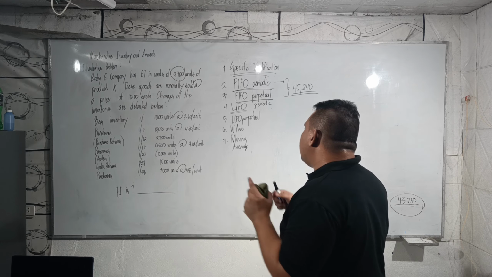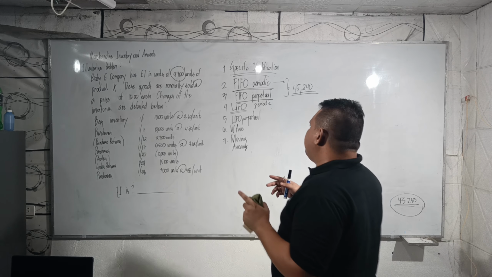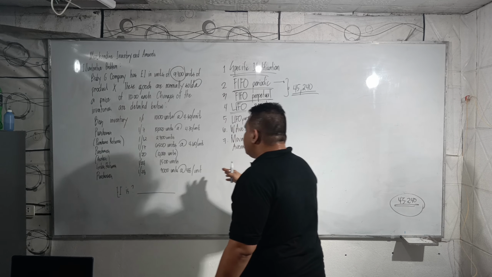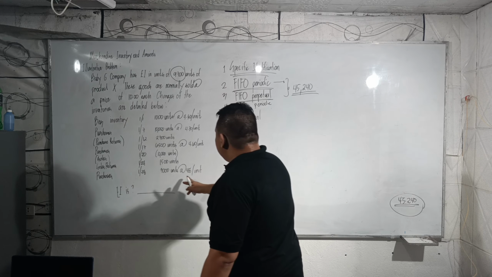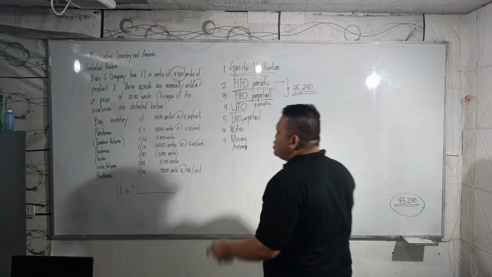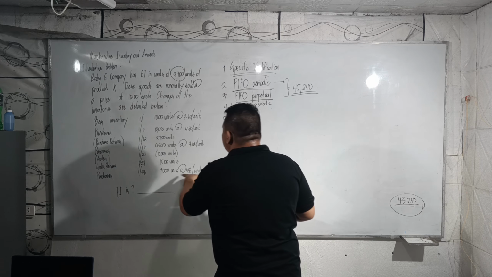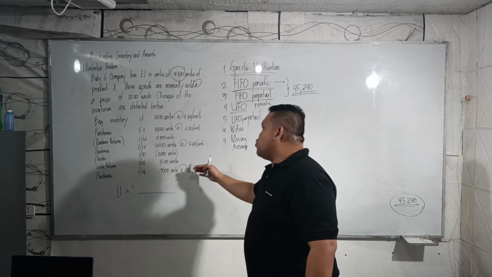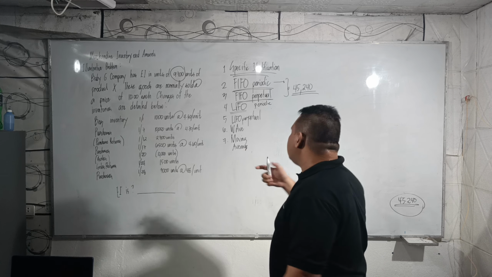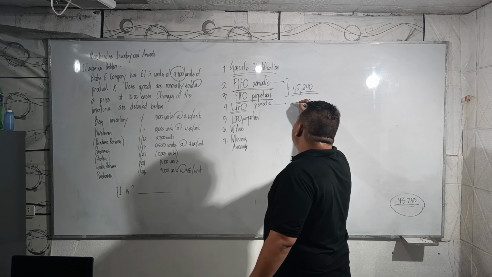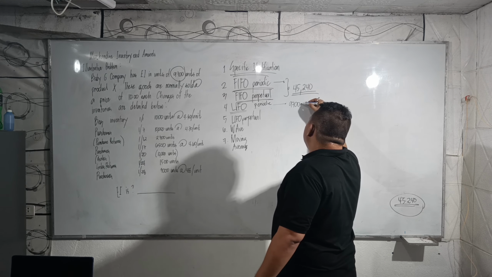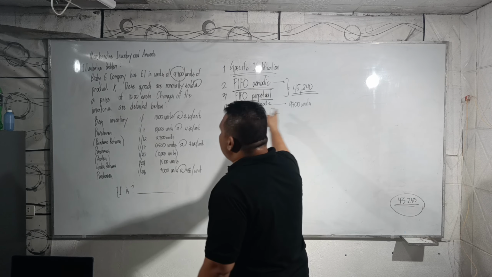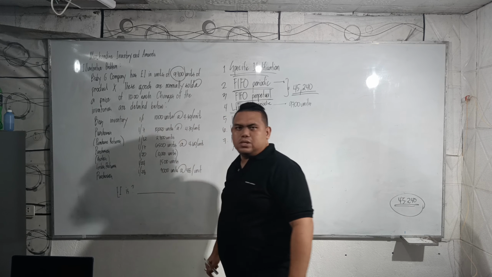So what if we use last in, first out periodic? Of course, the last group that was purchased by the company is these 3,000 units at 4.8. So it's as if those are the ones sold first. That means the 9,700 units ending inventory is as if those are found in the older inventories.